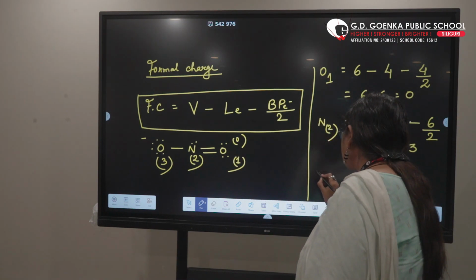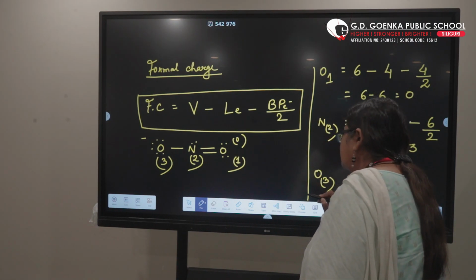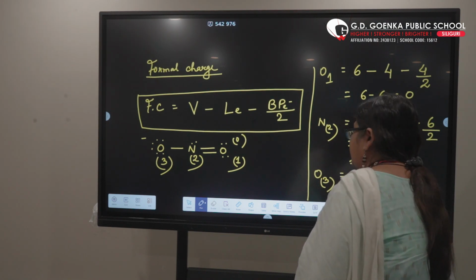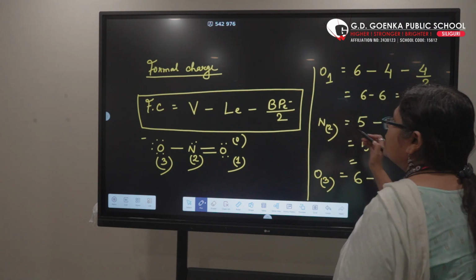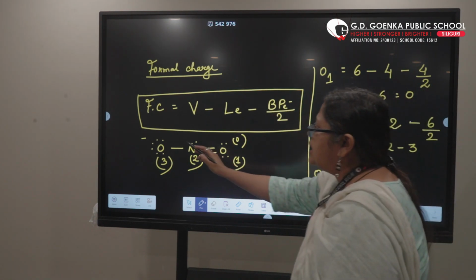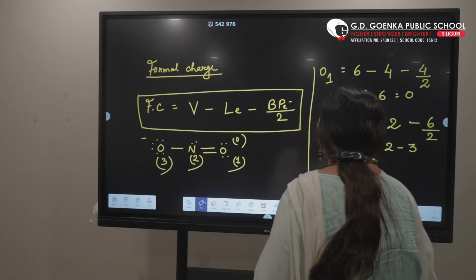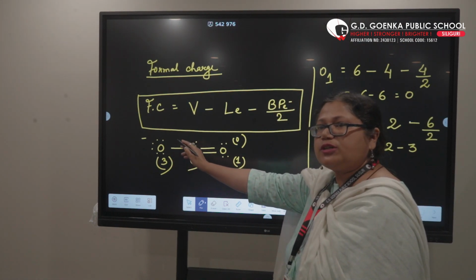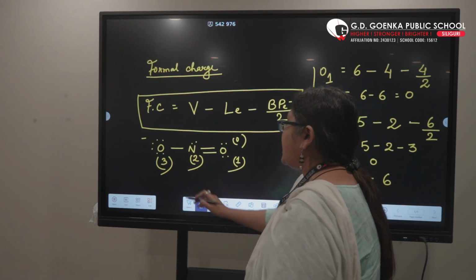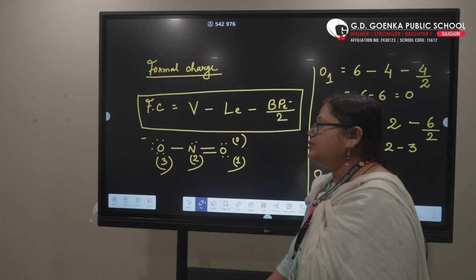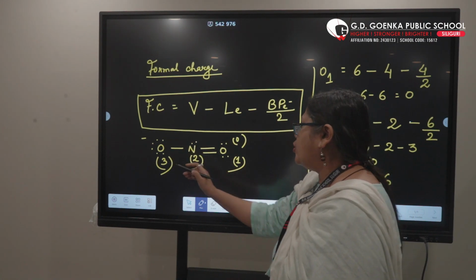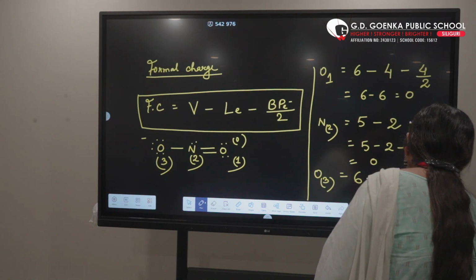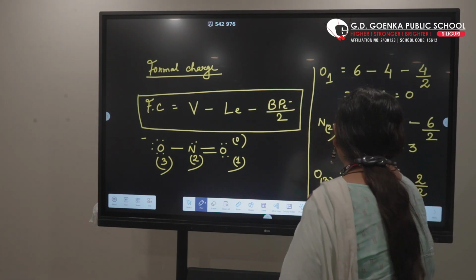Next we come to atom 3, that is the next oxygen atom. The total number of valence electrons will remain the same, that is 6, minus lone pair of electrons. Over here, how many lone pairs? Lone pairs are 3, so total lone pair of electrons is 6, right? And then oxygen is connected to the central atom by one single bond. That means over here we are going to write 2 by 2, minus one pair of electrons.